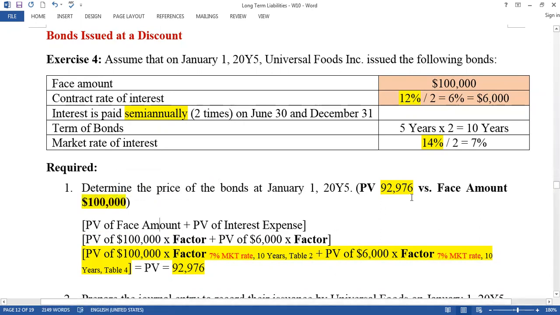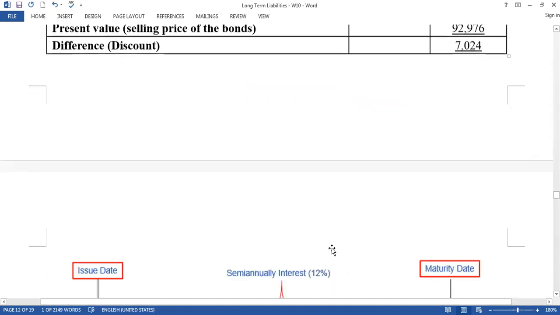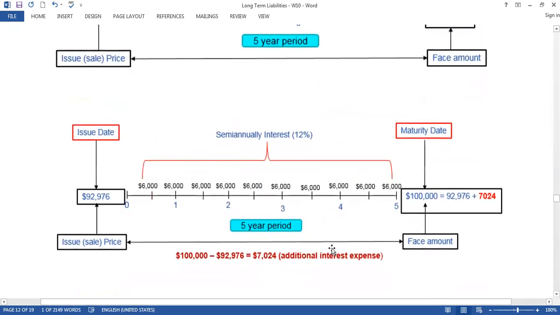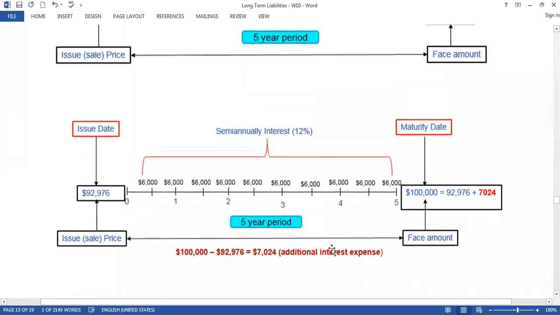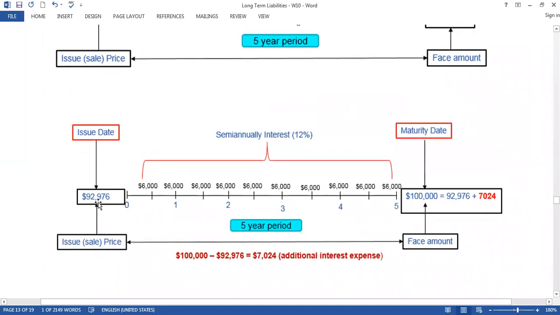So look at the diagram. Present value means this money you receive today, right? So today you receive $92,976, right?